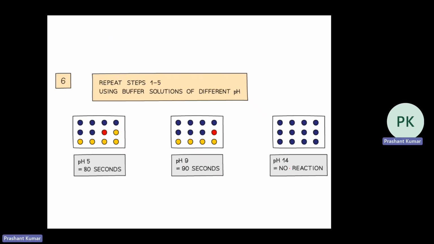So you can say that amylase gets denatured at pH 14. And pH 5 is slightly near to 7, right? Whereas 9 also, but as the experimental result says, 9 takes 90 seconds to do the reaction, right? Here it's 80 seconds at pH 5. So based on this, you can repeat the steps once again to find more reliable data.